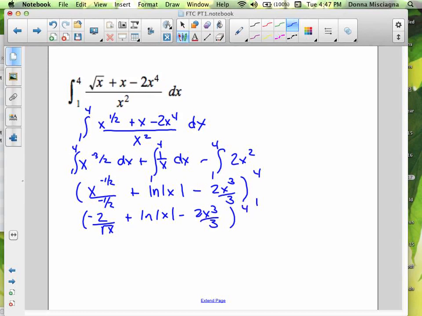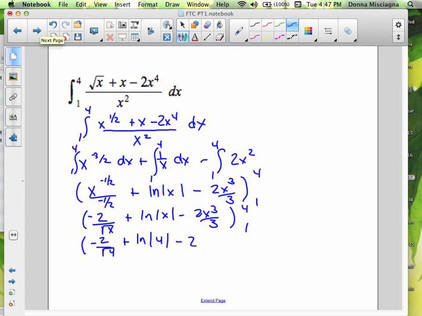All right, we're going to evaluate that from 1 to 4. So we're going to put the 4's in for everybody and then the 1's in. I find that easier than doing 4's and 1's for each term. All right, so I've got negative 2 over the square root of 4 plus natural log of 4. I don't really need the absolute value bars in there.